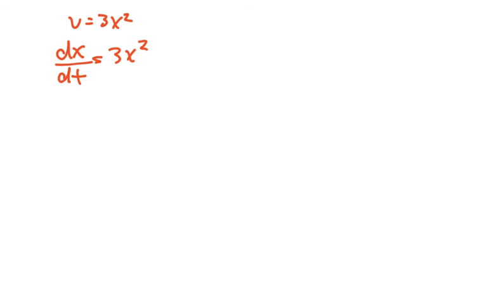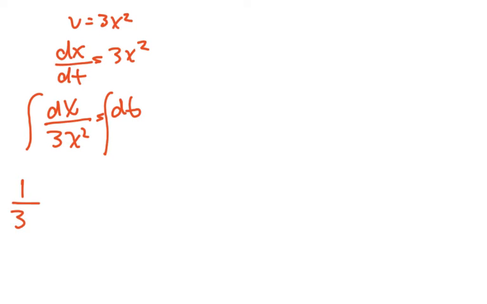And then we write down it's equal to, oh my bad, it's going to be equal to 3x squared. So one more time, this is going to be a separable, another separable differential equation. So we got to integrate these two sides.